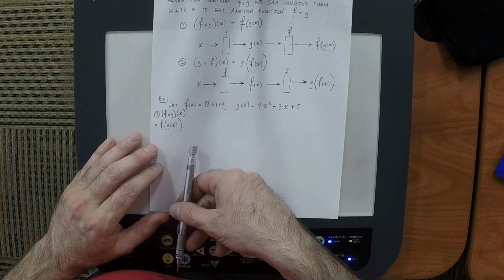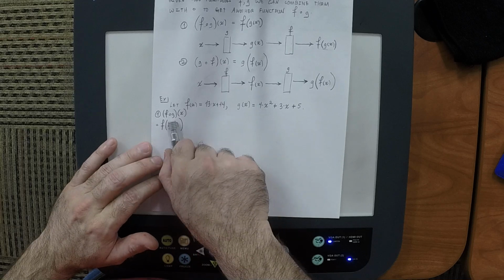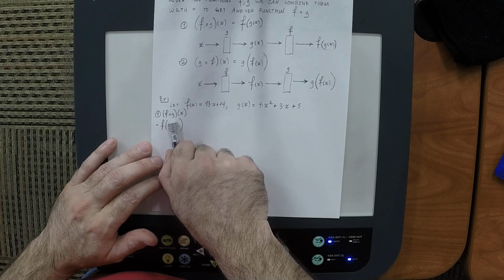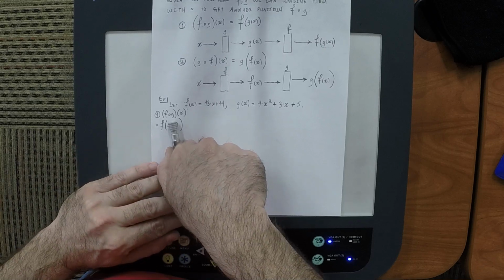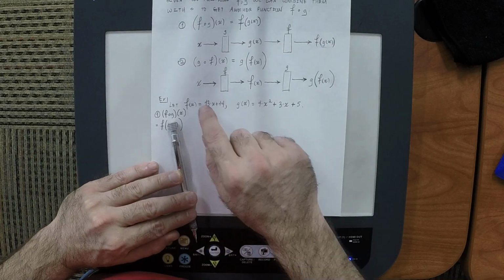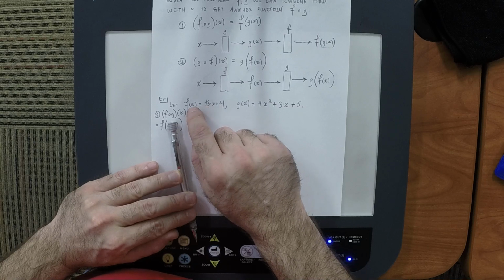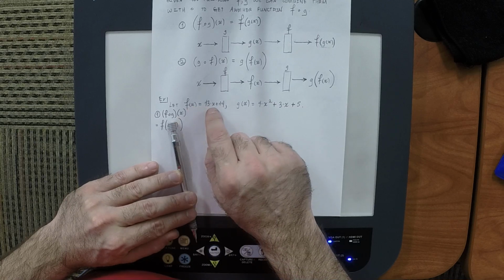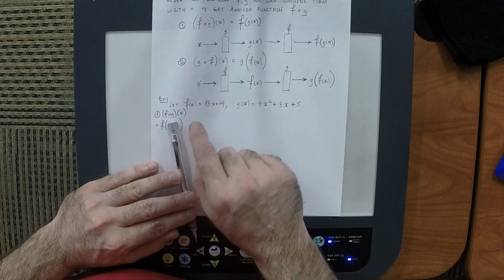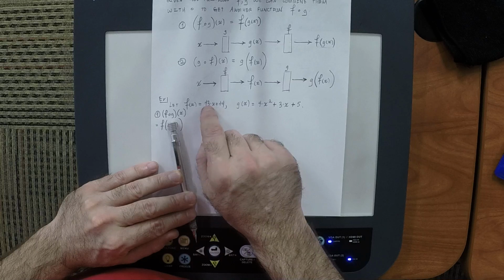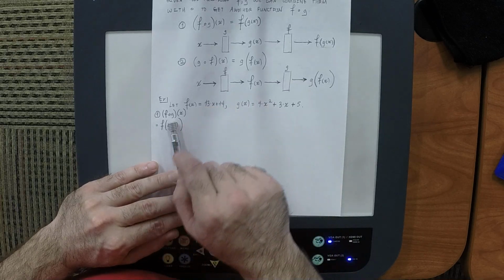Human beings with our visual systems are quite good at matching, so I'm going to cover this up, because I find that covering that up keeps a false match from triggering in you. So whatever we give f, it's going to multiply it by 13 and then add 14. If we gave it a 10, it would multiply by 13, add 14. If we gave it a banana, it'd multiply by 13, add 14.